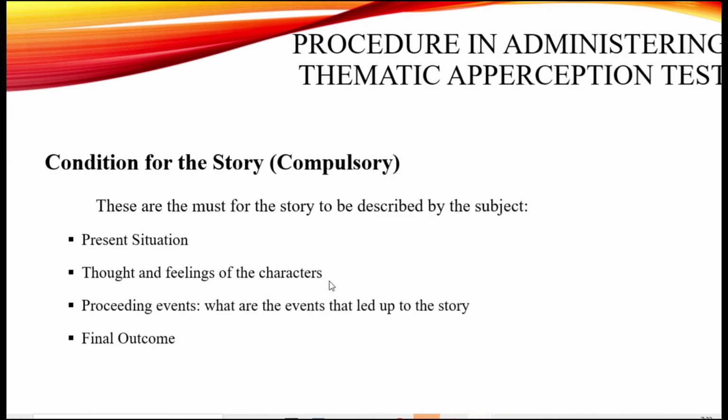Next, the conditions for the story are compulsory. These are the must-haves for the story to be described by the subject. These are what we need to get from the clients when they give their description of the story or the picture. First, the present situation: what is currently happening in the picture?